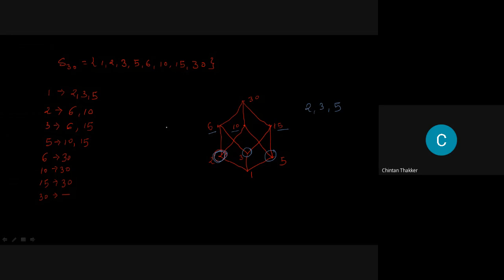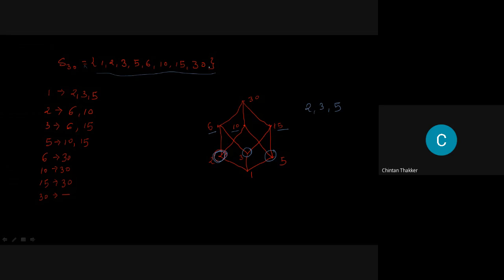Also, you can verify from the set that there do not exist any two elements such that the LCM is 2 or 3 or 5, except the LCM of 1 and 2, we get 2. LCM of 1 and 3, we get 3. LCM of 1 and 5, we get 5.